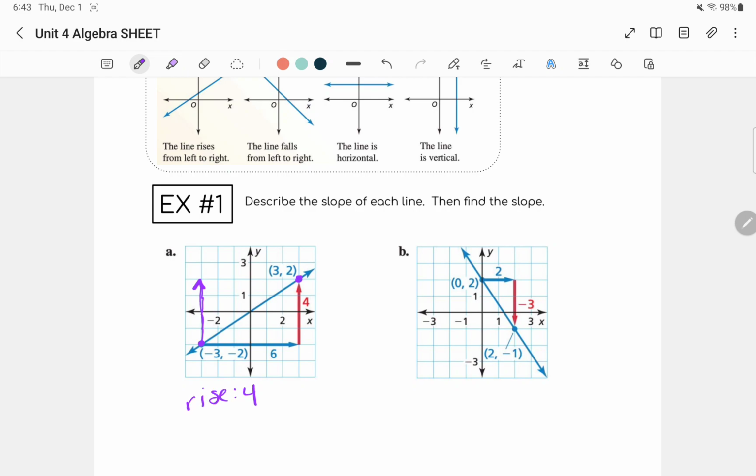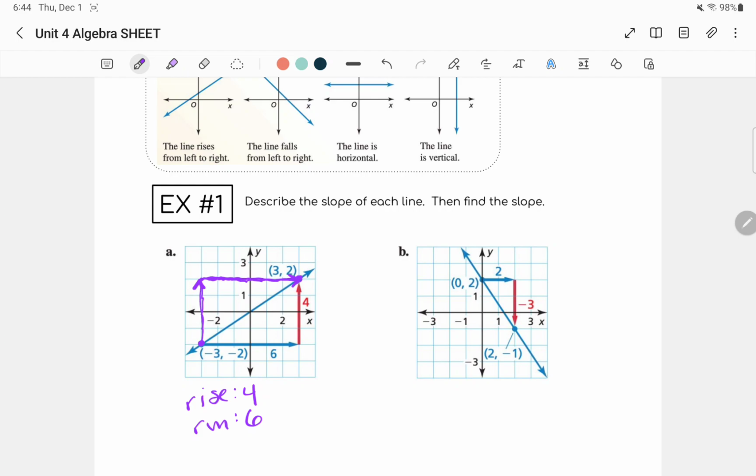And then our run is going to be 1, 2, 3, 4, 5, 6. Let's do that again. 1, 2, 3, 4, 5, 6. Yep. So our run is 6. And so see how, again, they look like they kind of ran and then rose. But either way, as long as you know that you are going up 4 and you're going over 6.